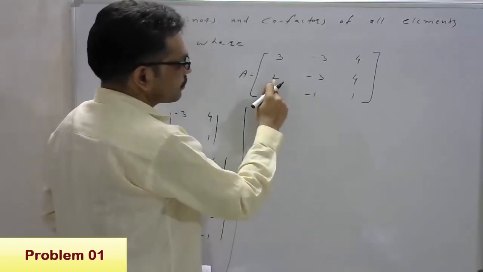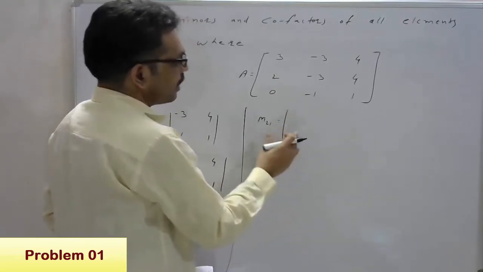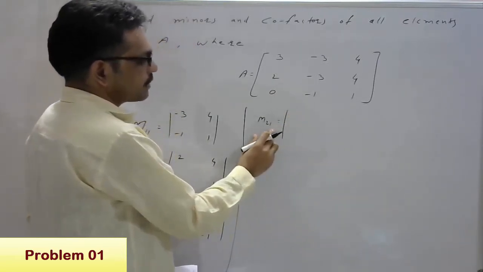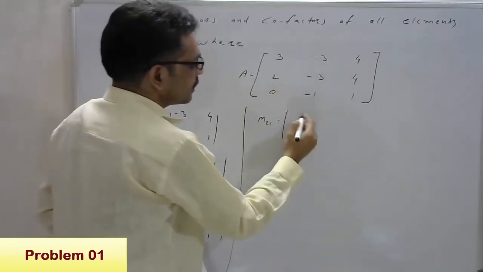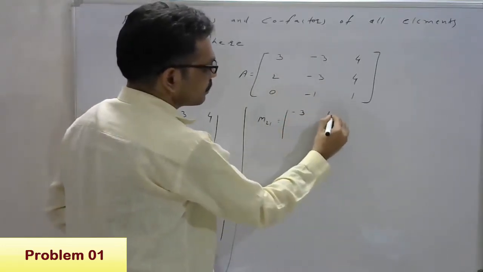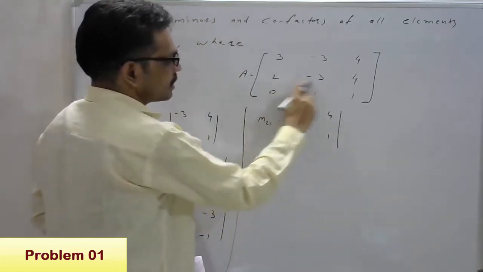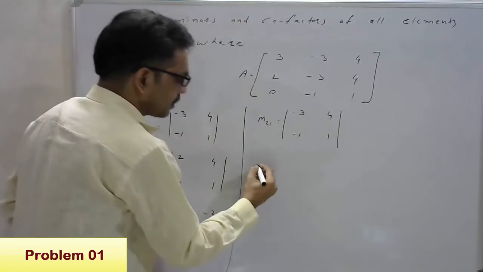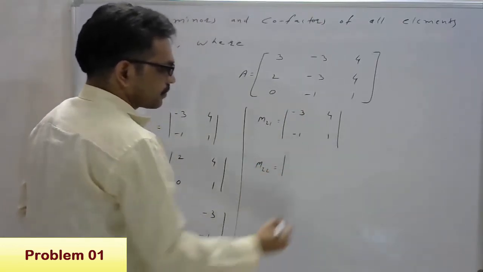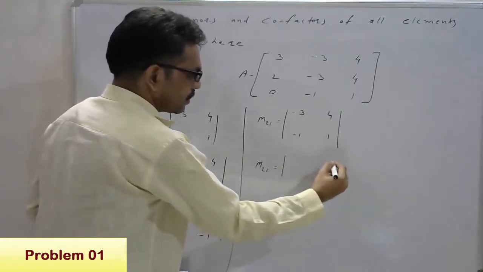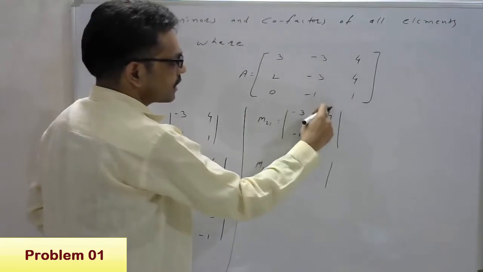The minor M21 is obtained by deleting the second row and first column. Therefore, the determinant is -3, 4, -1, 1. The minor M22 is obtained by deleting the second row and second column.